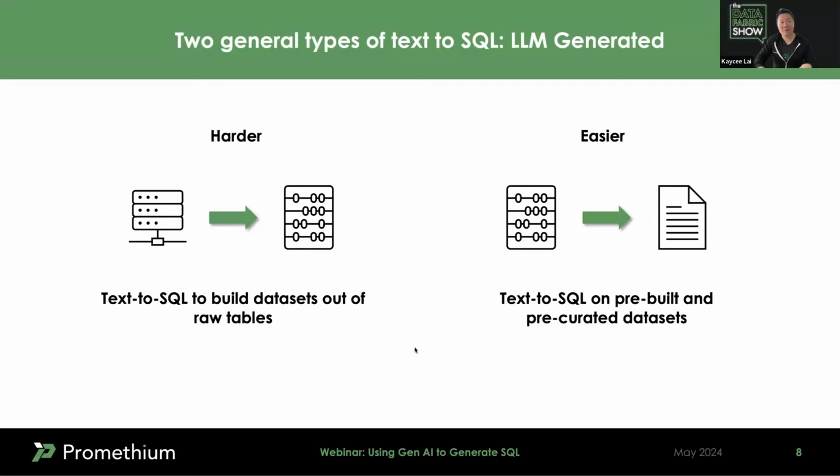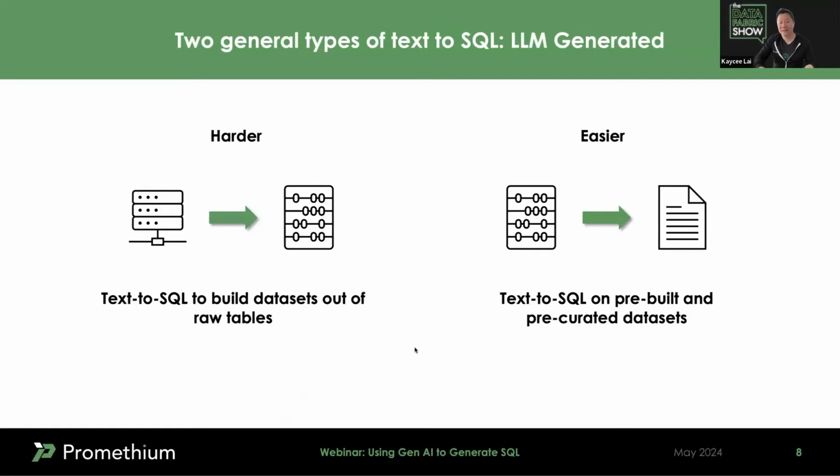Now, when people talk about text-to-SQL, there's really two basic types that we should think about and delineate, because I think we blur the line a little bit and people use them interchangeably. On one hand, there's text-to-SQL where you're going to use GenAI to build a data set out of raw tables.